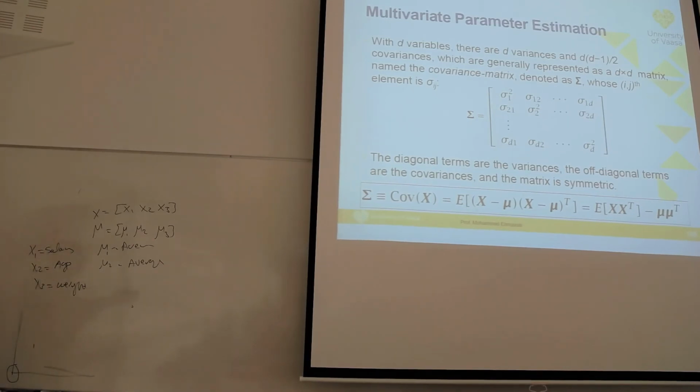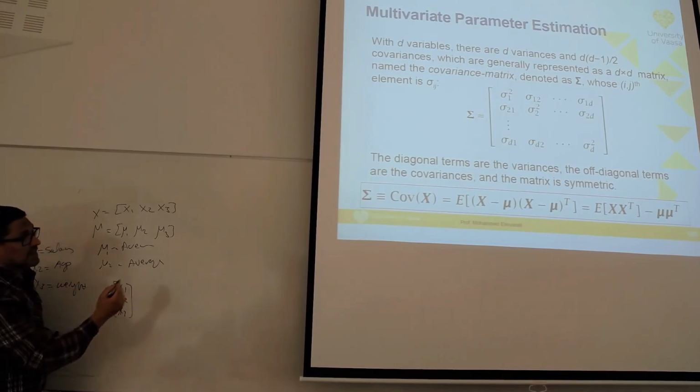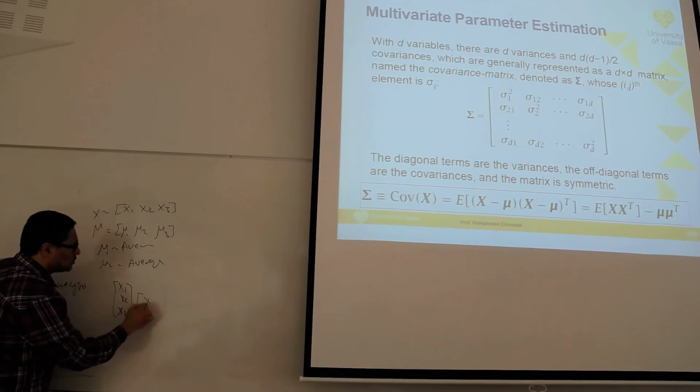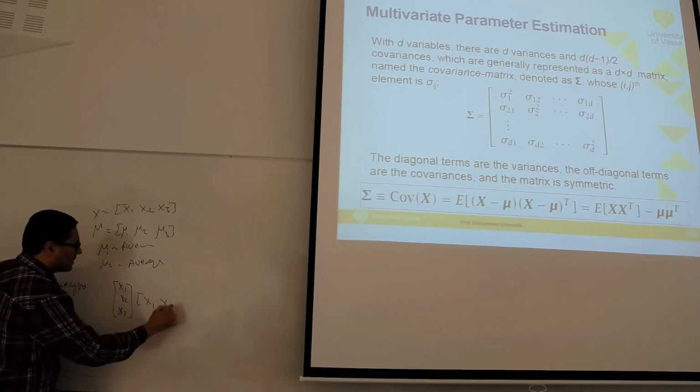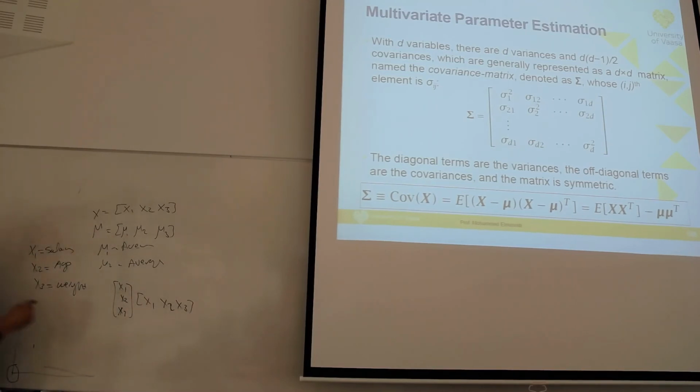And here, when we say x times x transpose, what does it mean? x usually is given as a vector, so it is x1, x2, x3 times x transpose. Transpose means you write it this way: x1, x2, x3. The multiplication here gives you a matrix.